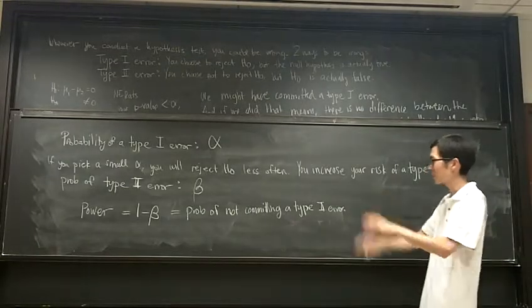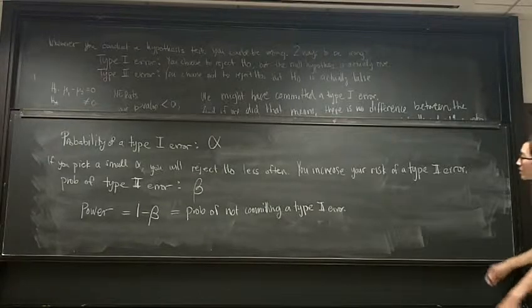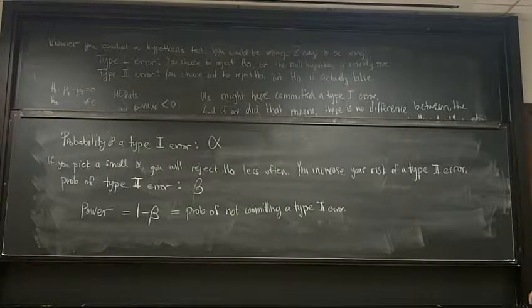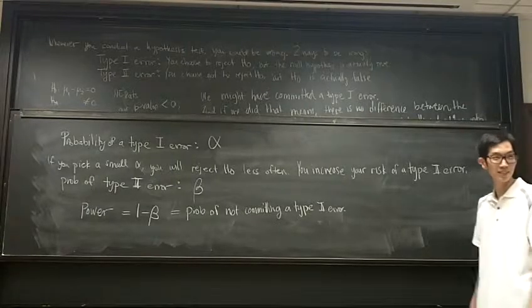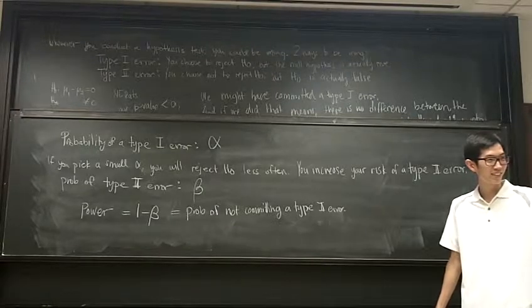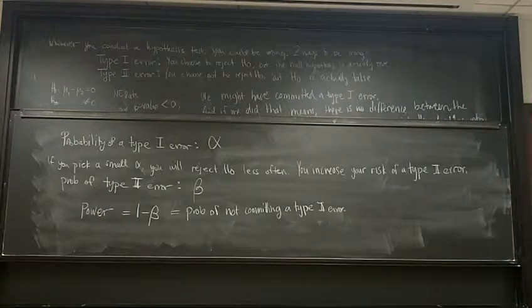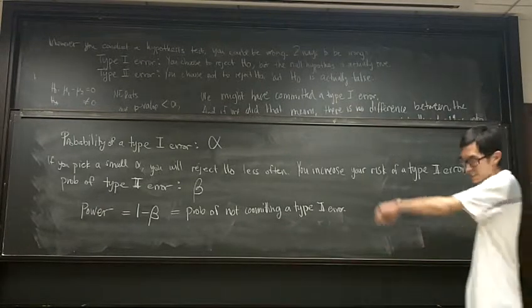Okay, so think about this and let's talk about it. So type 2 error is you choose not to reject the null, but the null is actually false. So you choose to reject when it's false. Right. Almost. So close.